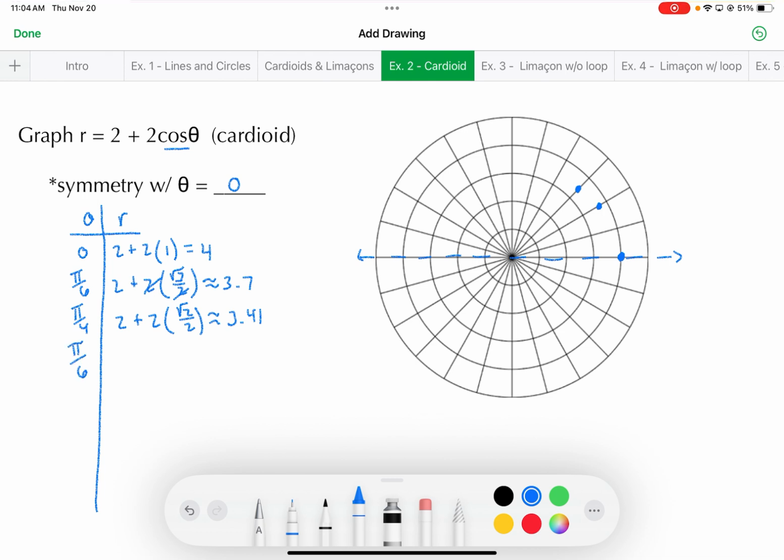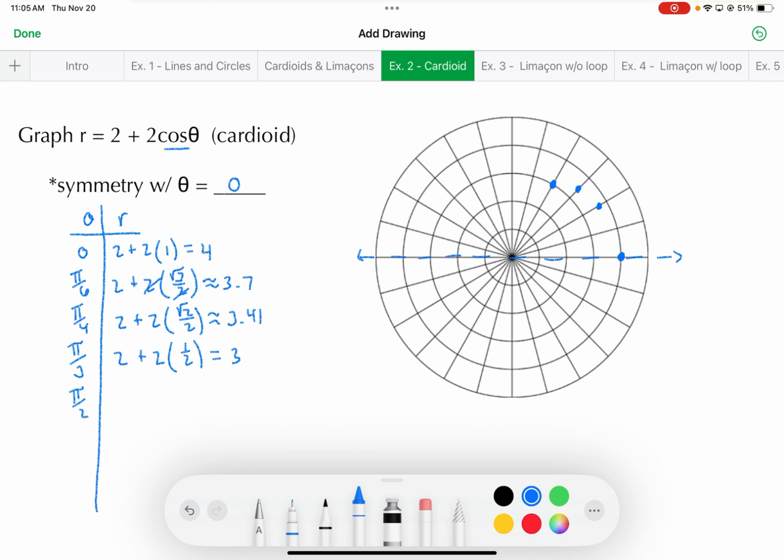Then I'll jump to pi over 3. That's 2 plus 2 times 1/2. Cosine of pi over 3 is 1/2. So that one's going to work out nicely to give me exactly 3. So right there would be 3 at pi over 3.